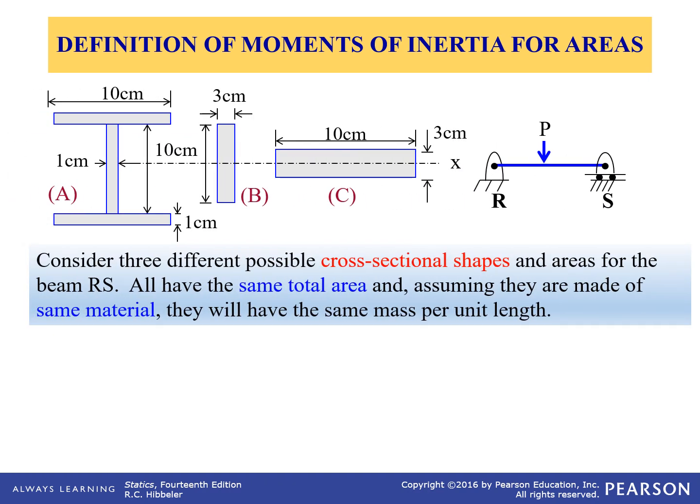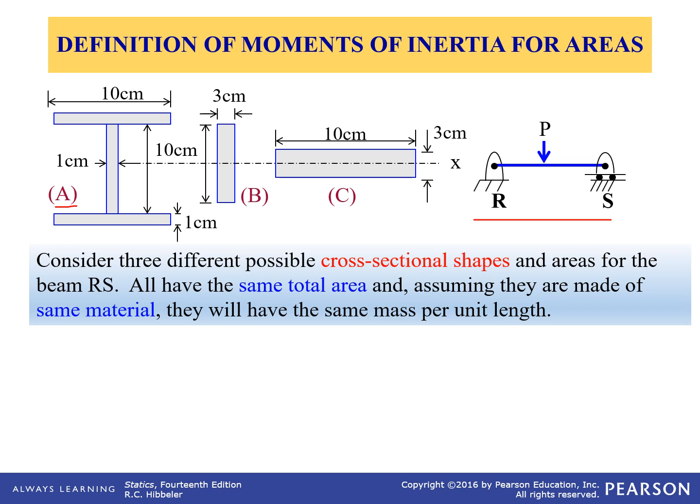Here is one example. We are going to choose the cross-sectional area of a beam. So here is the loading status. We have this beam, and here is a constant load applied in the middle of the beam. Now we're going to consider three different shapes.